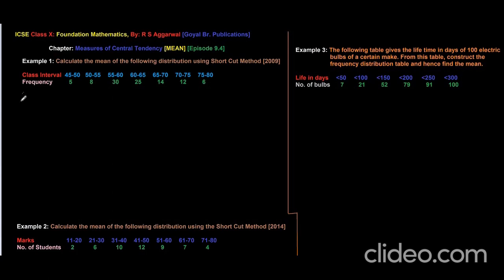So here you are going to work it out like this. You are going to write the answer, and first of all you will write the class interval, so you will write Ci. Here you will write frequency, that is your Fi.